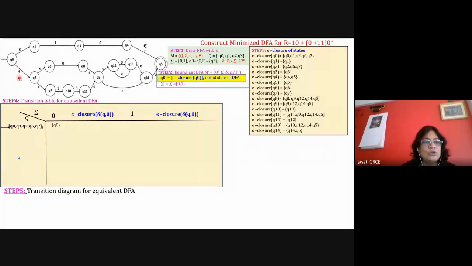For that, with input symbol 0, what are the transitions? Q0 with 0 is nothing, Q1 with 0 is nothing, Q2 with 0 is nothing, Q6 with 0 is Q8, so I've added that Q8. Q7 with 0 is nothing. So only Q8. All the states with input symbol 0 go to Q8. That is the meaning, and that is the NFA's transition table.